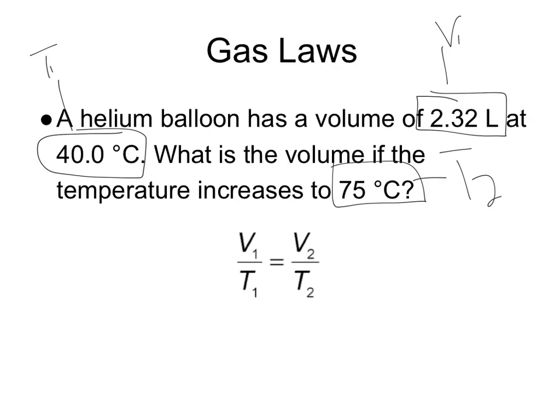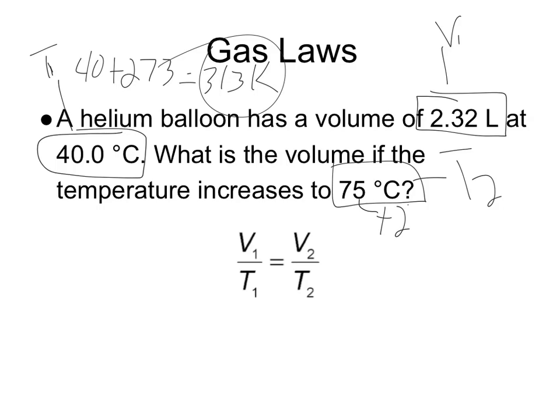So for the first temperature, we're going to do 40 plus 273, which is 313 Kelvin. That's the number we're going to put into the formula. Down here we've got 75 plus 273, which comes out to 348 Kelvin, and that's the number we're going to use for T2.